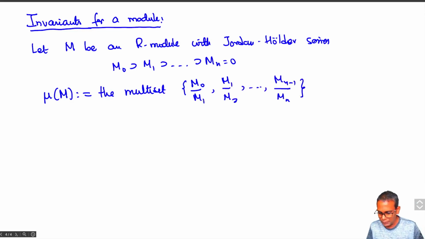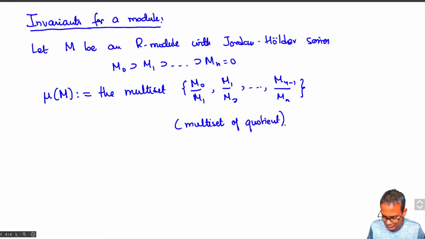So we remember the multiplicities with which the different quotients arise. So this is the multiset of quotients. This is independent of the Jordan-Holder series. This is what equivalence means.